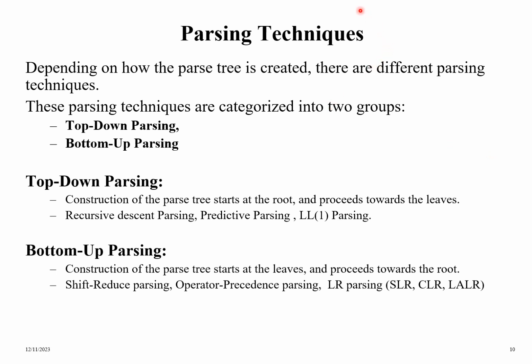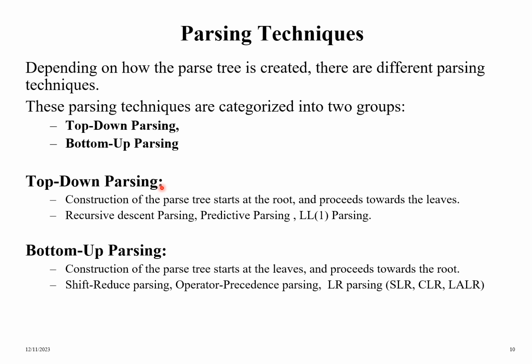Coming to the different types of parsing techniques or parsers. In the syntax analyzer part, we have top-down parsing and bottom-up parsing, two types. In both cases, even top-down parsing is going to validate whether the given input string is parsed or not, and similarly, bottom-up parsing again checks whether the given input string is parsed or not based upon the context-free grammar.